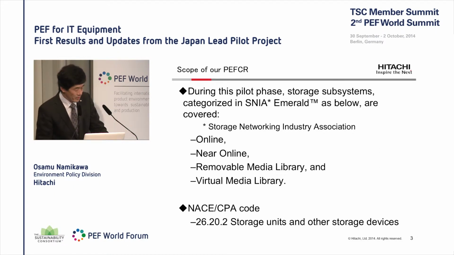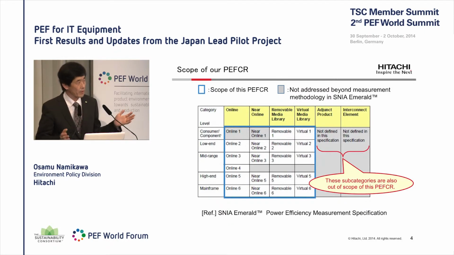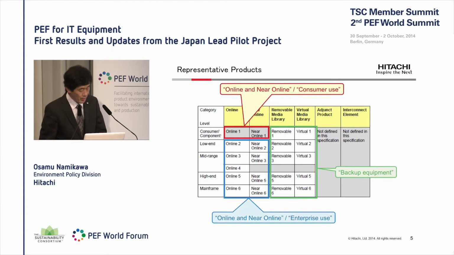This is a little bit technical, but the blue box is our scope: online, near online, removable, virtual, at a level from consumer to mainframe, a very wide area. We want to develop the PFCR within one PCR. However, firstly, we divide into three areas: red, blue, and green. Red one is online and near online direct access storage drive, mainly used by consumers, relatively small size.